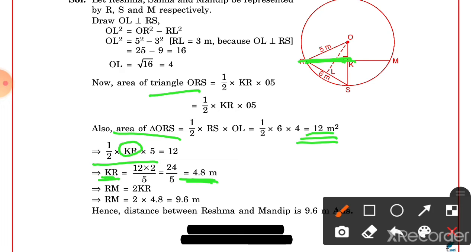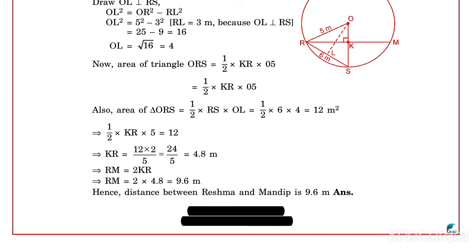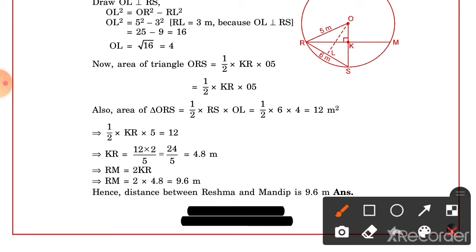So what is the distance RM? RM is 2 multiplied by KR. So RM is equal to 2 multiplied by KR. Put the value of KR. So 2 multiplied by 4.8, that is 9.6. Hence the distance between Reshma and Mandeep is 9.6 centimeter. Correct, students? Now move on to question number 6.